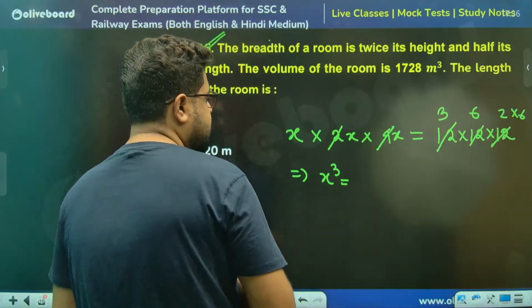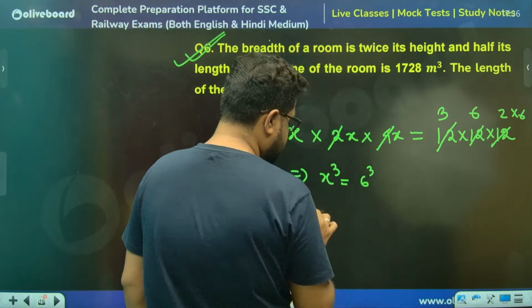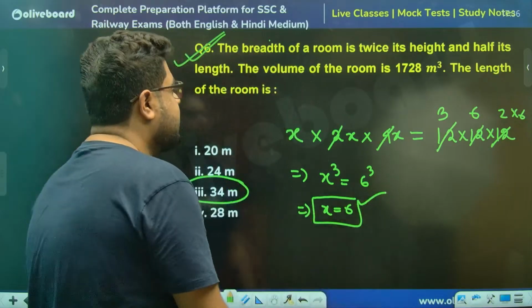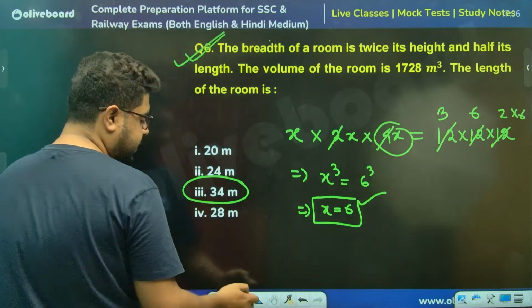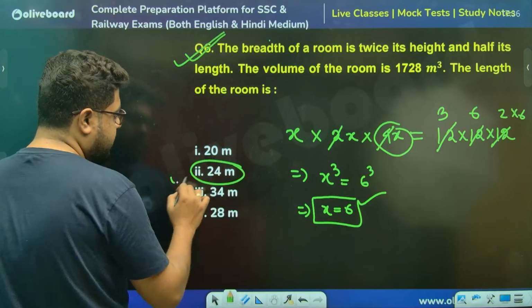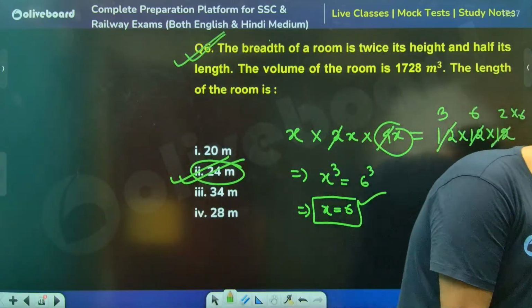No calculation left. So x cube equal to 6 cube. So x is 6, sir. Correct? Now length is 4x. So 6 fours are 24, not 34. Sai, it went wrong. Option 2 will be the answer, 24.